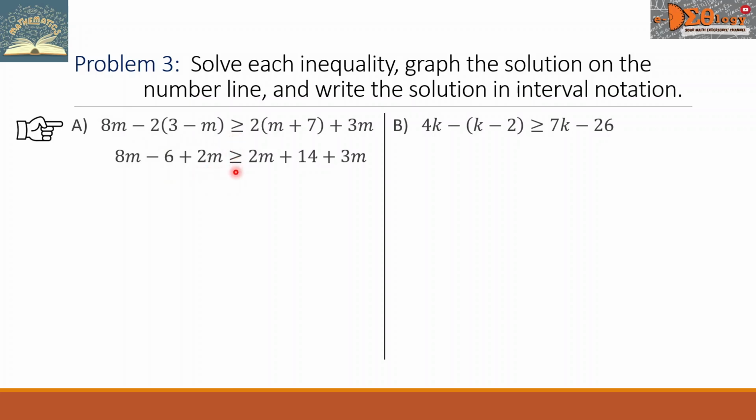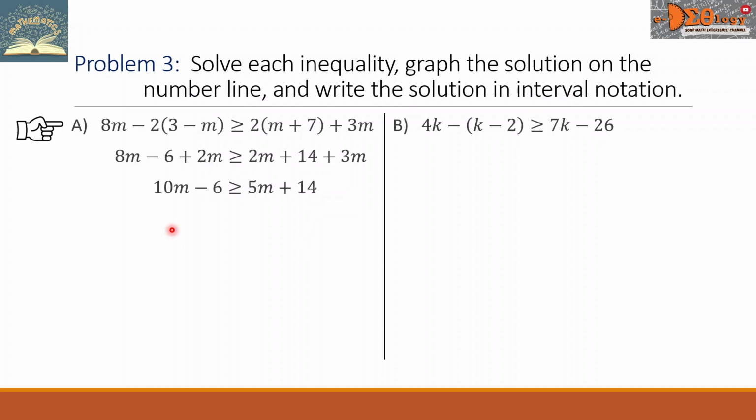More than or equal to, on the right side, 2 times m is 2m. 2 times positive 7, positive 14. Then we copy plus 3m. Let us now simplify both sides. 8m plus 2m is 10m minus 6, more than or equal to 2m plus 3m, that is 5m, plus 14.